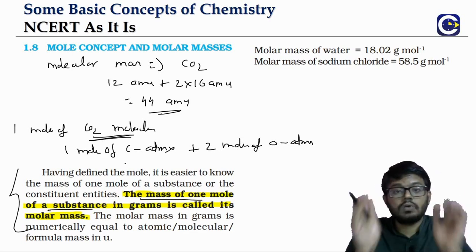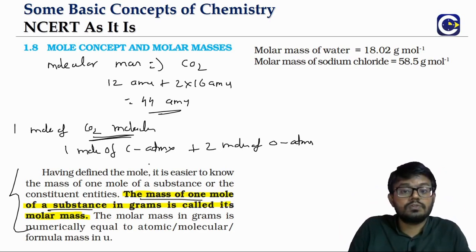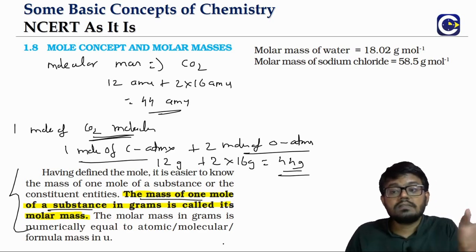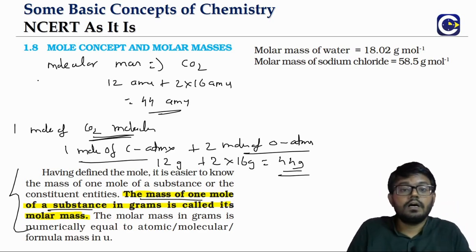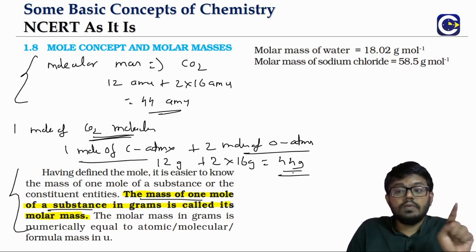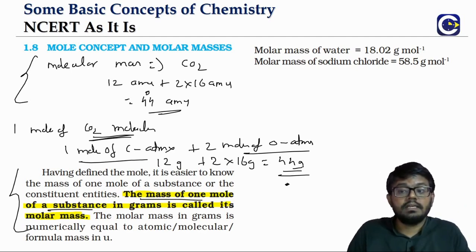You take 1 mole of molecules, so the number of oxygen atoms will be 2 moles. 1 mole of carbon atoms has a mass of 12 grams. The mass of 1 mole of a substance like CO2: look at this, value wise it is 44, same as the molecular mass, but it is in grams.